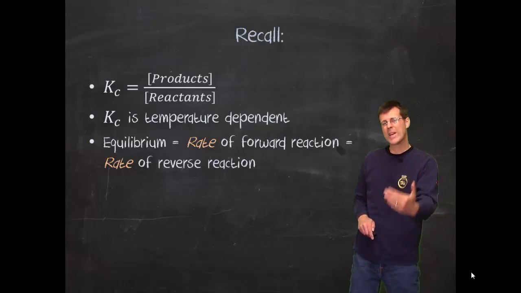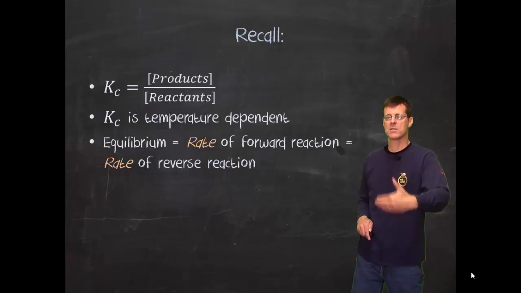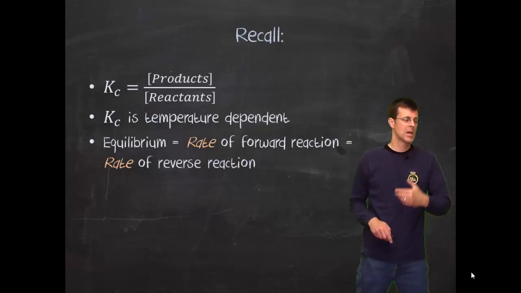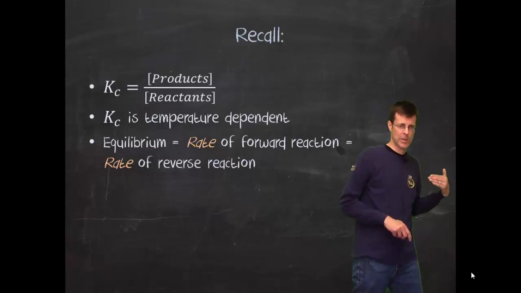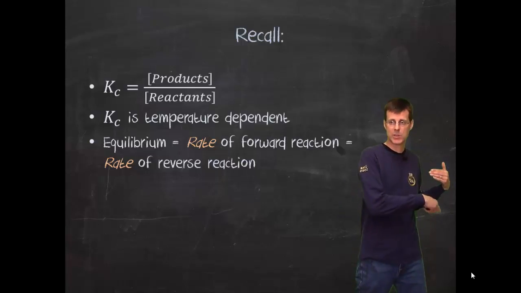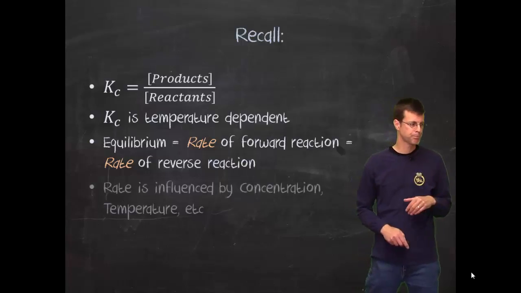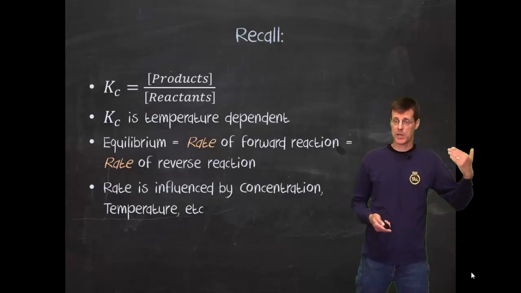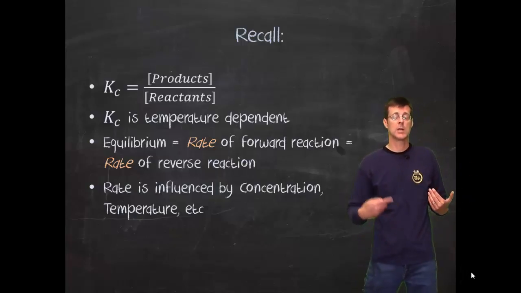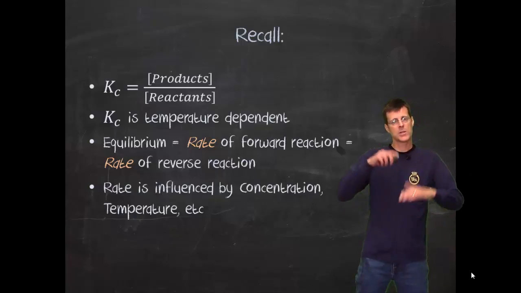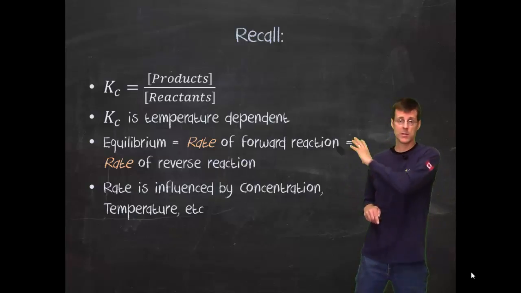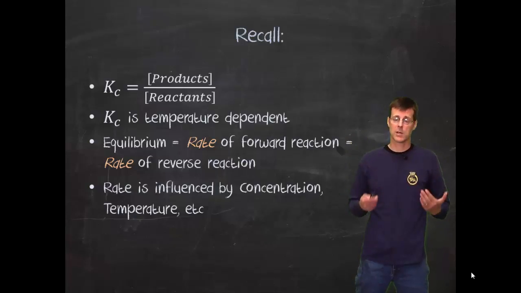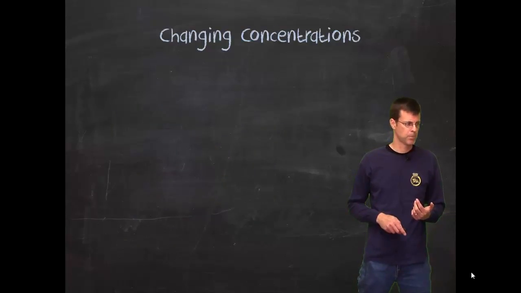Equilibrium is where the rate of the forward reaction, how fast the products are being produced, equals the rate of the reverse reaction, how fast the reactants are being regenerated. And we also know that the rate is influenced not only by temperature, as we just reminded, but also by concentration. So if I start changing things that are connected to this equilibrium expression, I can start changing the reaction.